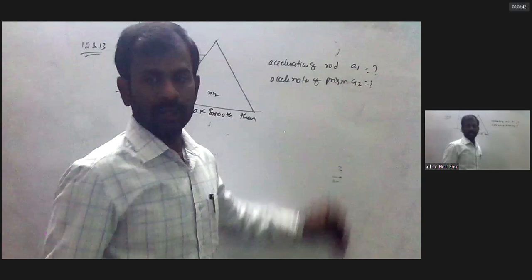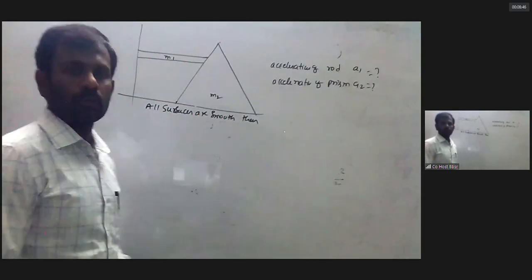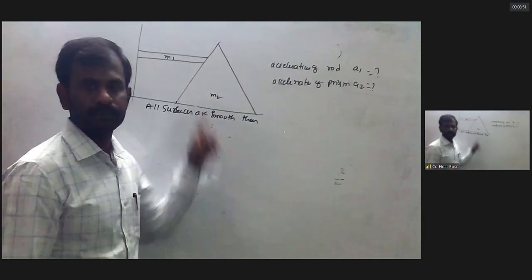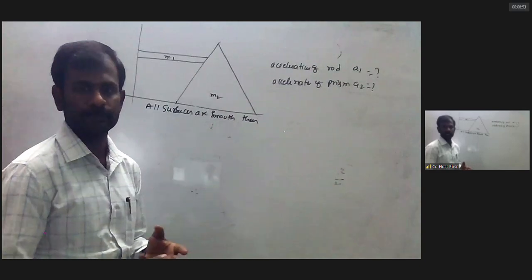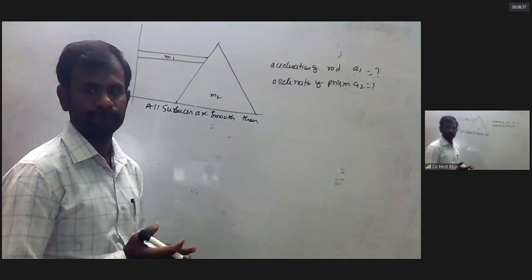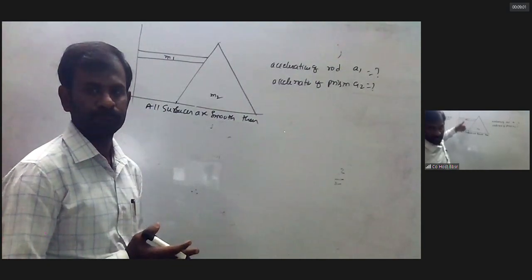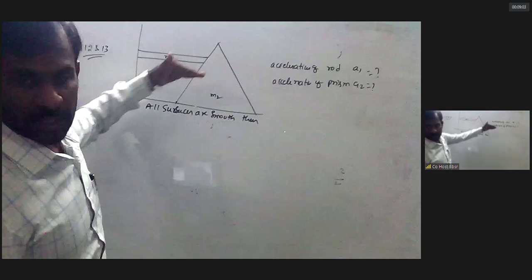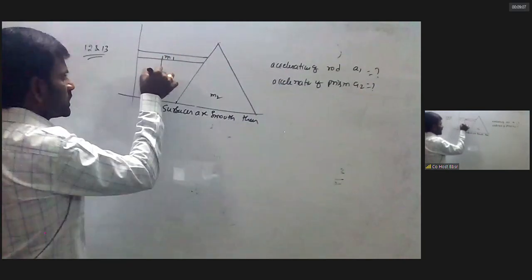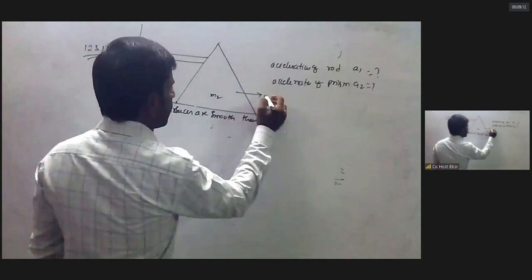Now you have seen, just listen. Is it possible to move with some acceleration here? These are possible or not? Yes, because you see, when it tends to move down, the prism tends to move right. Suppose the rod moves down with acceleration A1, the prism moves with acceleration what?